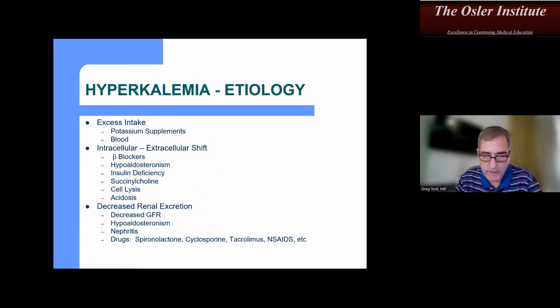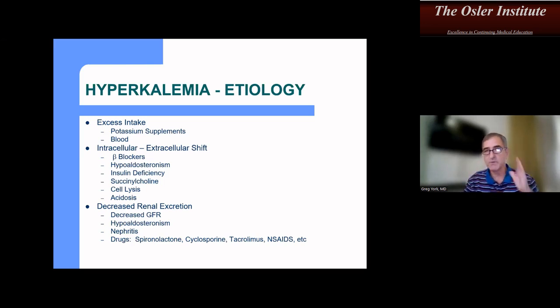So hyponatremia and hypernatremia are the more extensive of the electrolyte disorders that you really have to look at volume status. Hyperkalemia and hypokalemia, not so much, a little bit simpler here. Three sources of hyperkalemia: excessive intake from potassium supplements or large amounts of blood transfusions, or cellular shifts.